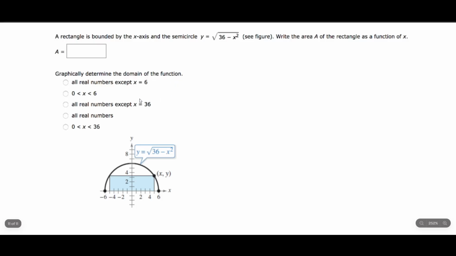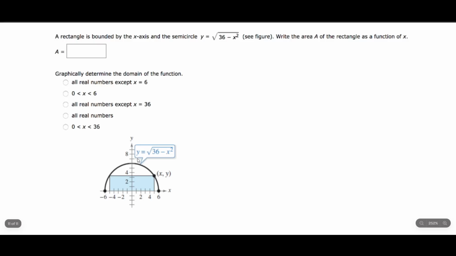Now, the one thing that I am kind of not certain about with this problem is that I would actually argue that if one of these were the answers, it should technically be less than or equal to, greater than or equal to, because it doesn't necessarily specify that the rectangle cannot have an area of 0.